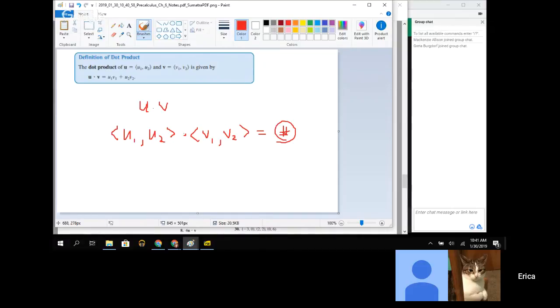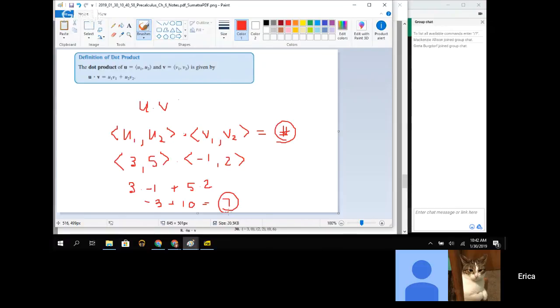In this case, let's make up some numbers: 3, 5 times, I don't know, -1, 2. You're going to multiply the first two values together, so you get 3 times -1 plus 5 times 2. So -3 plus 10 equals 7. That's it.